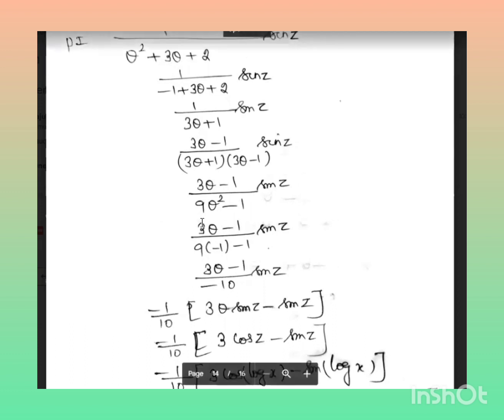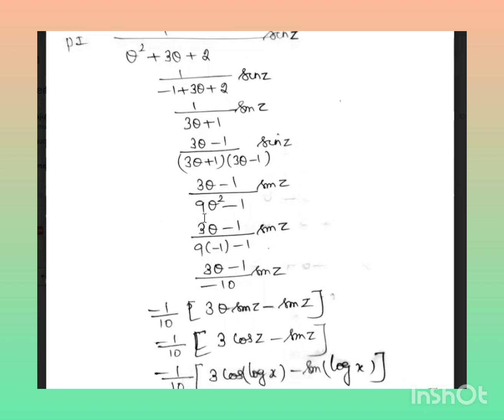Now in the denominator there is a theta square, so you can apply minus 1. So 9 into minus 1 minus 1. So 3 theta minus 1 divided by, the denominator is 9 into minus 1, which will be minus 9 minus 1.